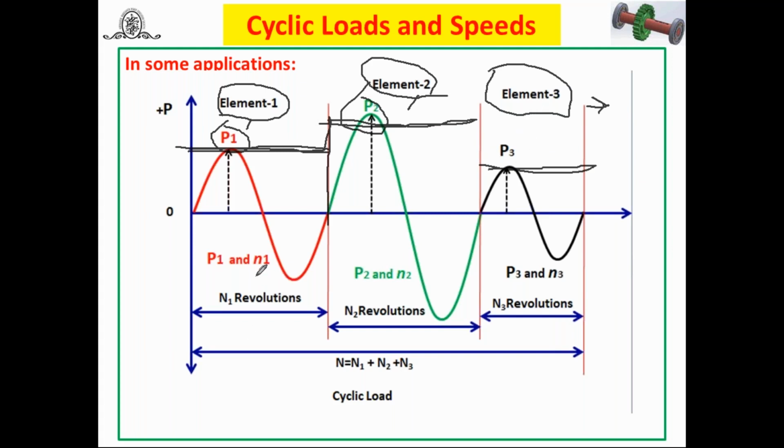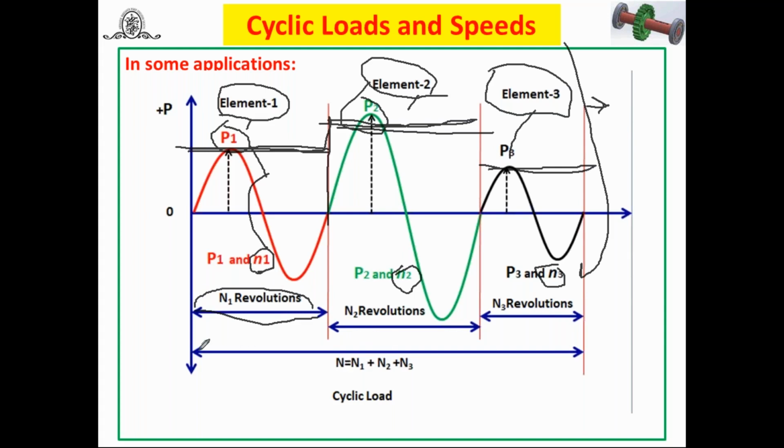And during that time, what is the speed during element 1, when load P1 is acting? It rotates at N1 RPM. When load P2 acts on it, it rotates at N2 RPM. And when load P3 acts on it, it rotates at N3 RPM. That is cyclic load and cyclic speeds.